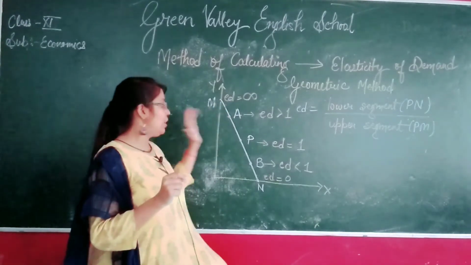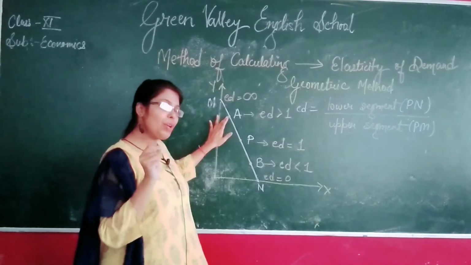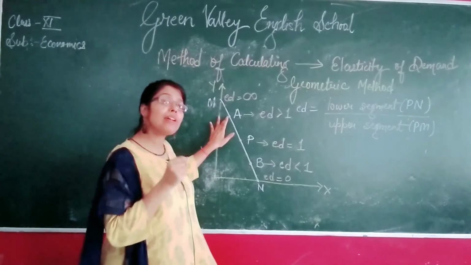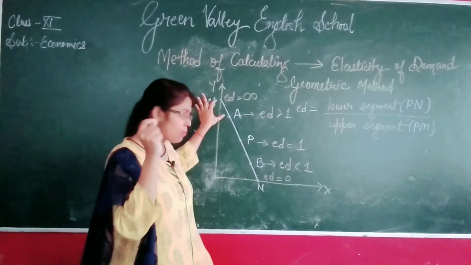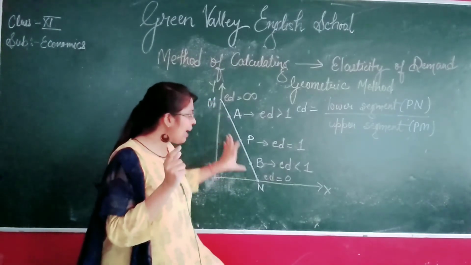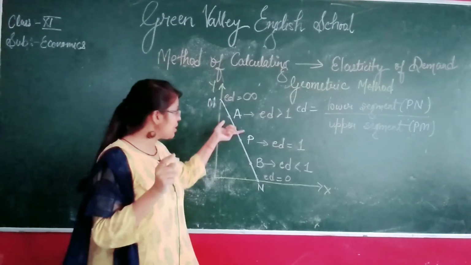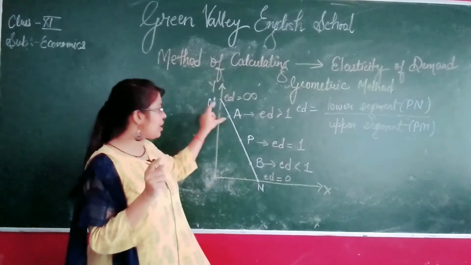At this point, as I said, the formula is lower segment upon upper segment. So An upon Am. Now just think, An is greater than Am. This length An, lower segment, is greater than the upper segment.